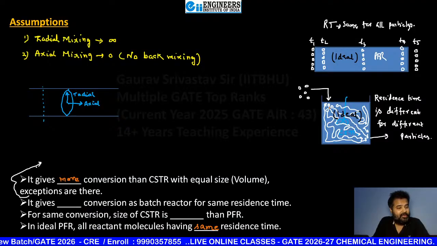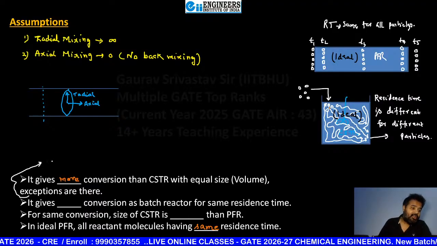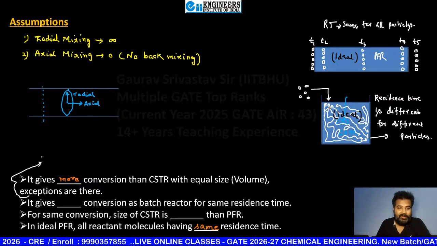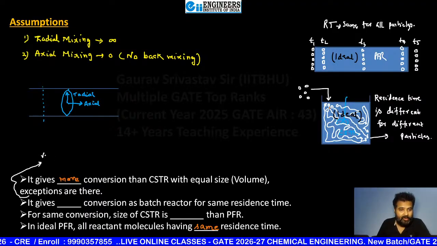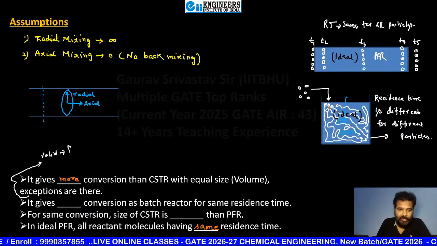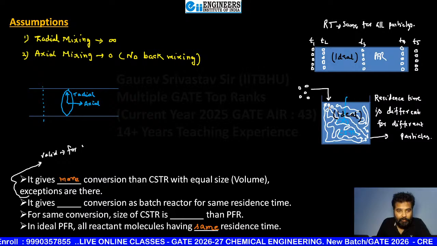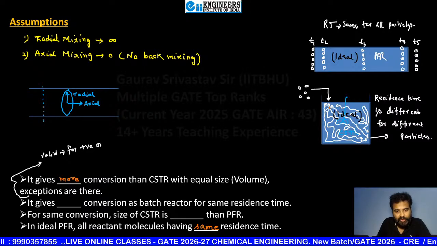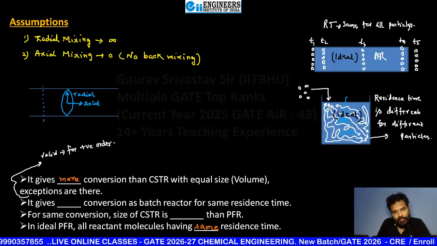If you don't know, then write R in comment section. Neeraj typing. Shiva Tarun typing. R. Okay. Very good, beta. Absolutely correct. So, valid. This statement is valid for positive order reaction.